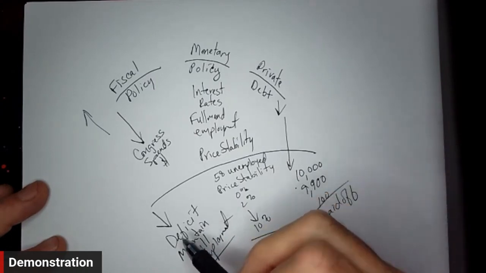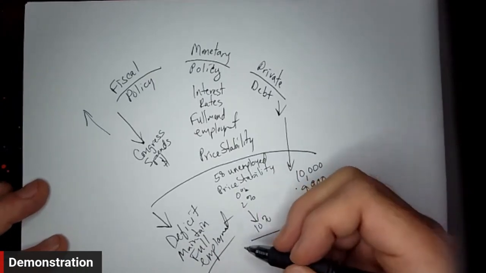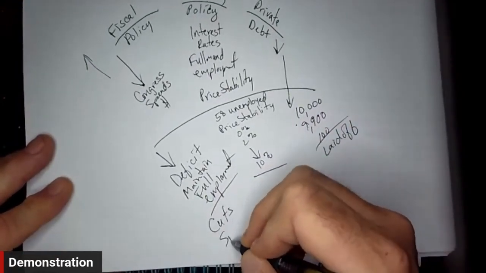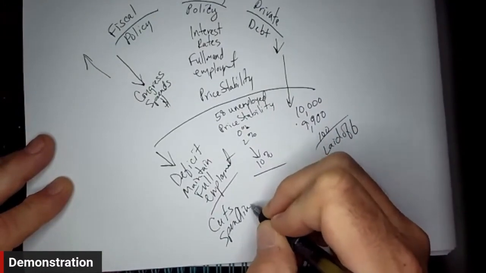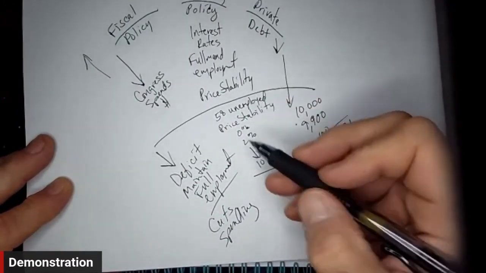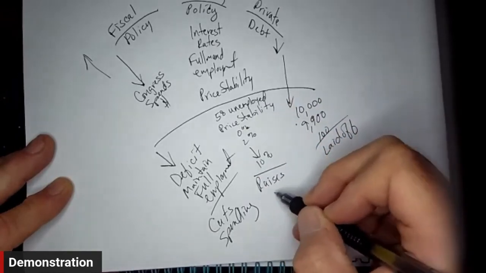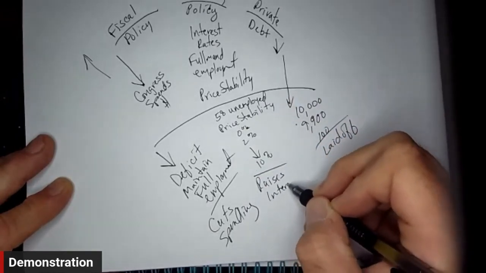Okay. But ultimately, what happens is this: the federal government cuts spending. The monetary policy raises interest rates. And I'm going to get to that in a second.